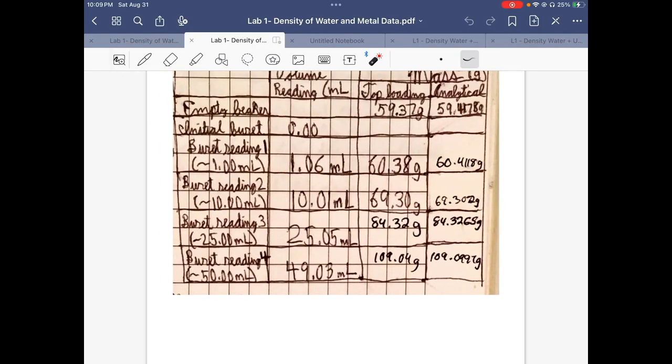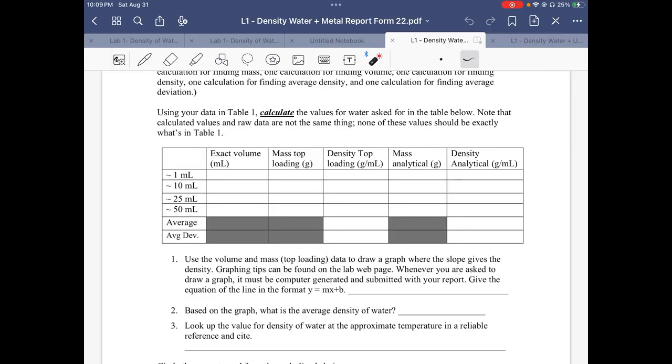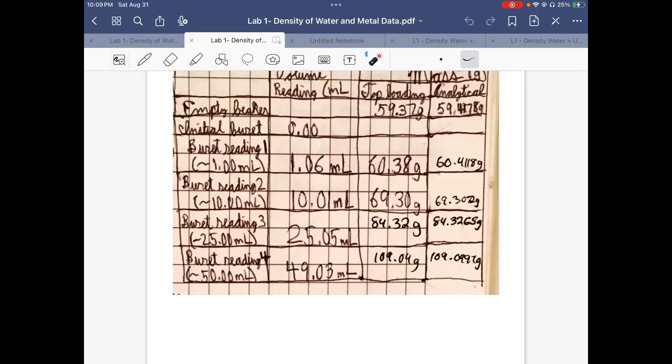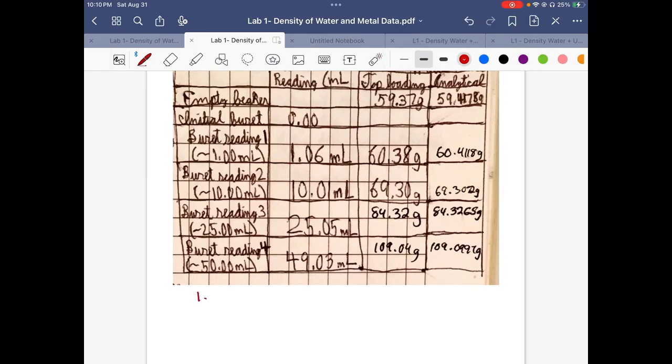When we look at this table, the exact volume that we see here for 1 mil means that we have to go to our data table, take our final value here and subtract from it the initial value. So I'm going to show that calculation. I would have 1.06 mils.